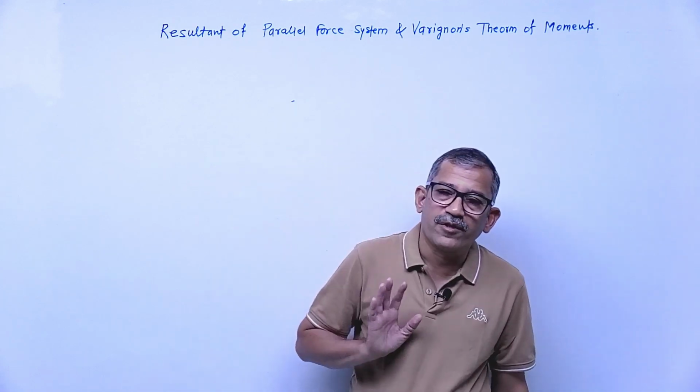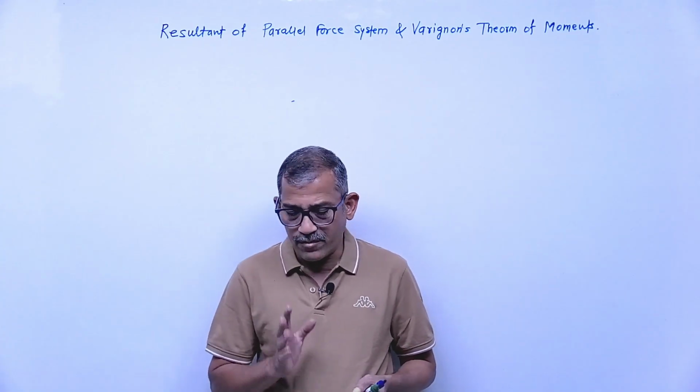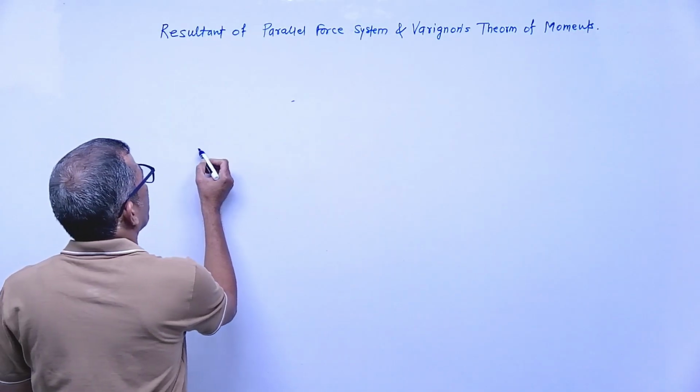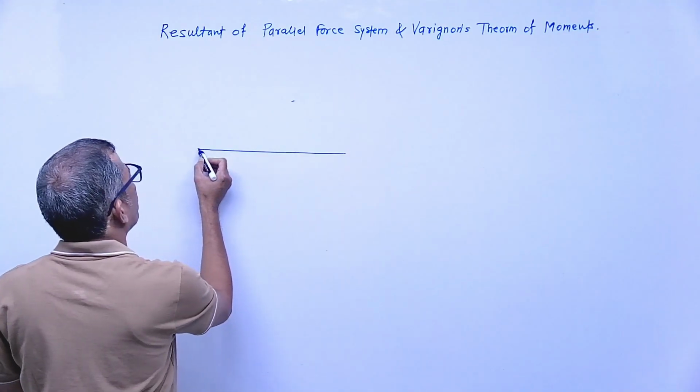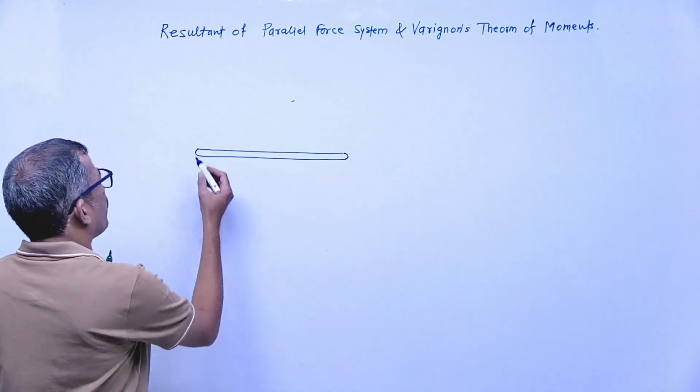What is a parallel force system? When the lines of action of all forces are parallel to each other. For example, suppose this is a single horizontal rod, and a number of forces are acting.